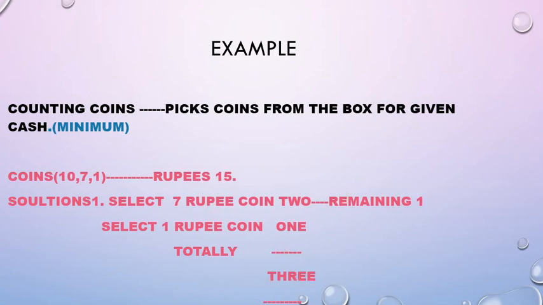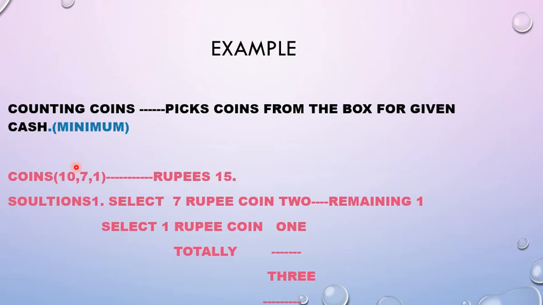Yes, here we totally used 6 coins, but the optimum solution can use 3 coins. What does that mean? Instead of taking 10 the first time, I can take 7. That 7 is not the local optimum solution.